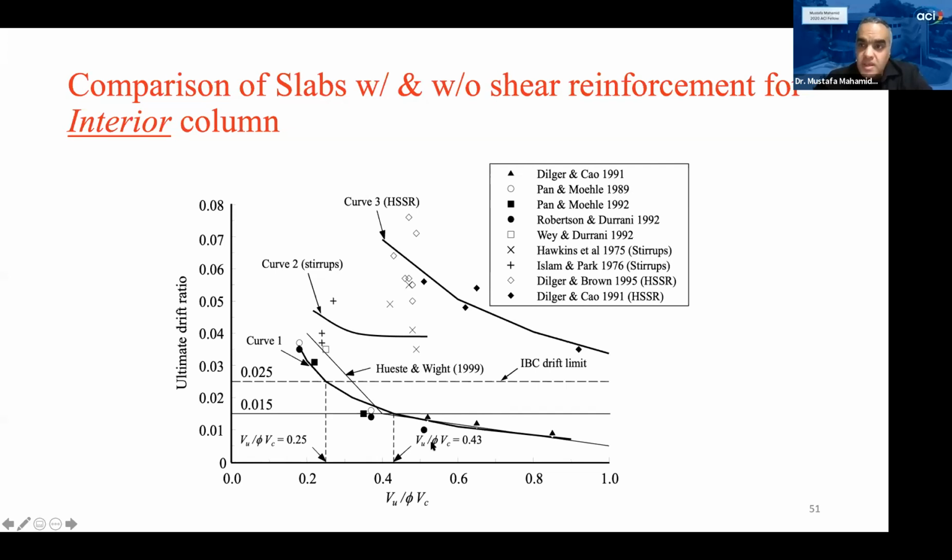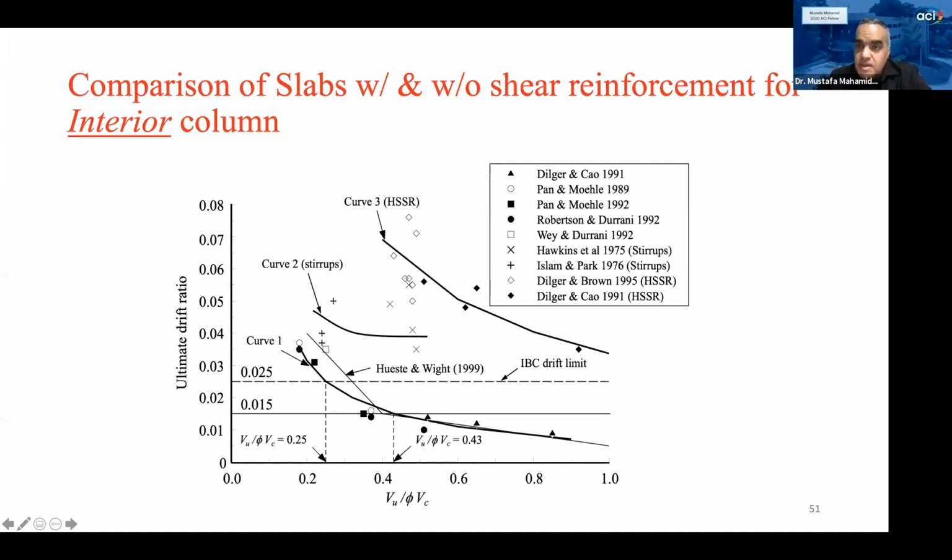And one more thing, this is related to here. You can see the vertical axis is the ultimate drift ratio. So you can see with the headed studs, curve 3 HSSR, we can reach high drift ratios in the slabs.